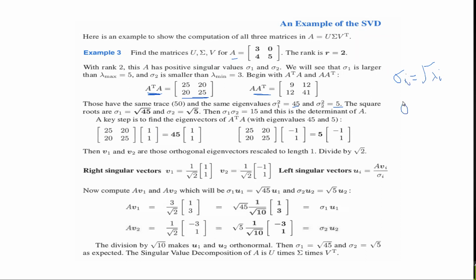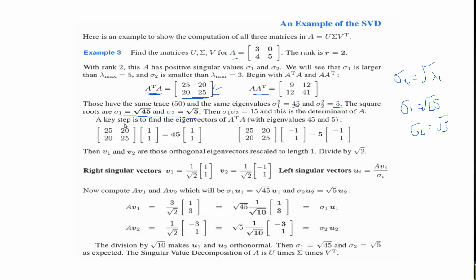So the first singular value will be square root of 45, and the second one will be square root of 5, which is given here. So once you have this square matrix, you use the eigenvalue, eigenvector procedure, where you find the determinant, the characteristic equation, to determine the eigenvalues and then the eigenvectors as a result.